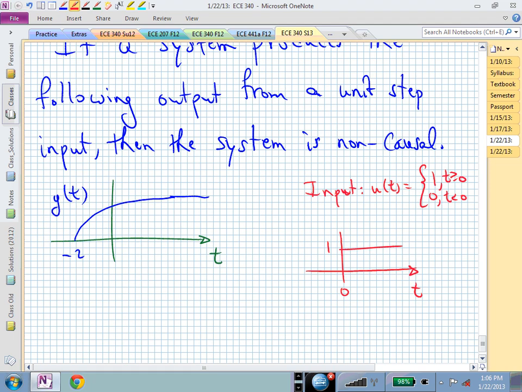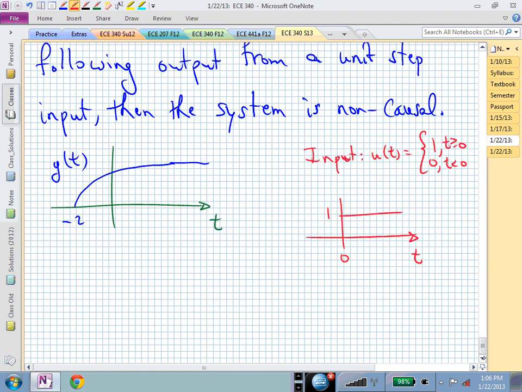You see the output after or at the same time as the input. This output anticipated this input, and it started responding at -2 when I haven't even hit it yet with a forcing waveform. This is now non-causal behavior. That's a non-causal system, and we want to be able to identify that.